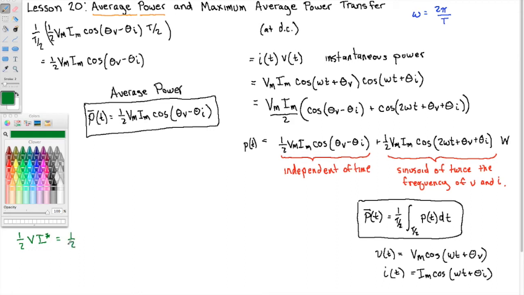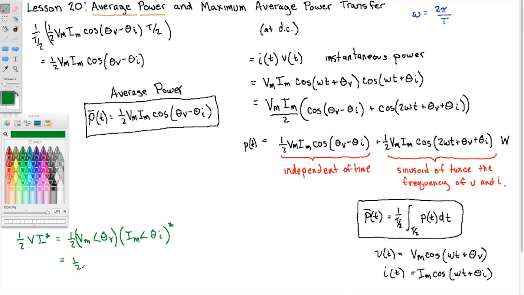Well, this is 1/2 times Vm. So V, the voltage, has an amplitude Vm and a phase theta v, expressed in polar form, and I is Im with an angle theta I, and that's I expressed in polar form, and so we're going to take its complex conjugate.